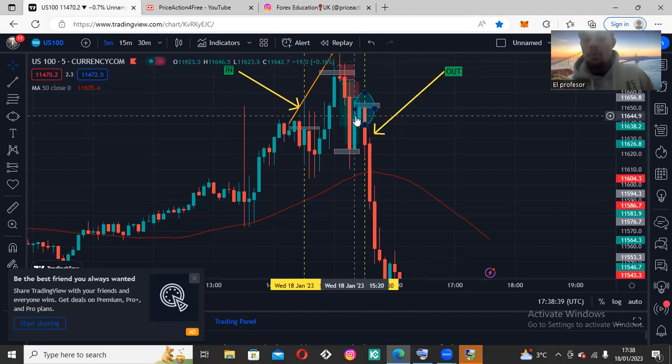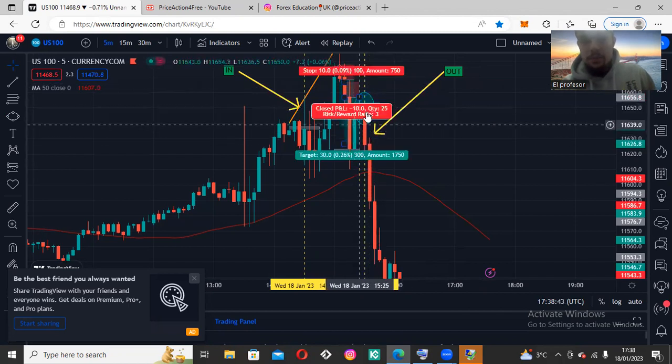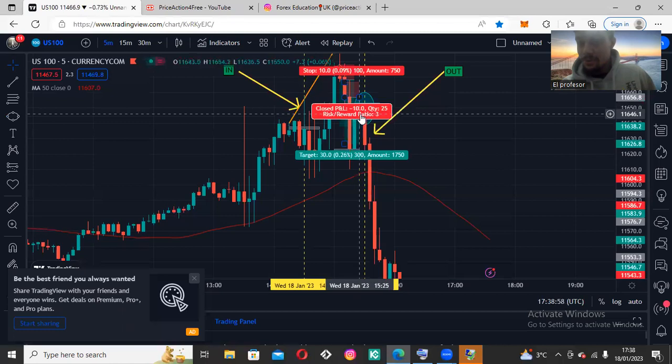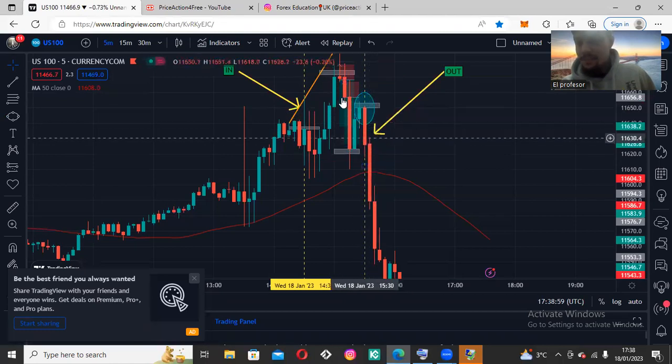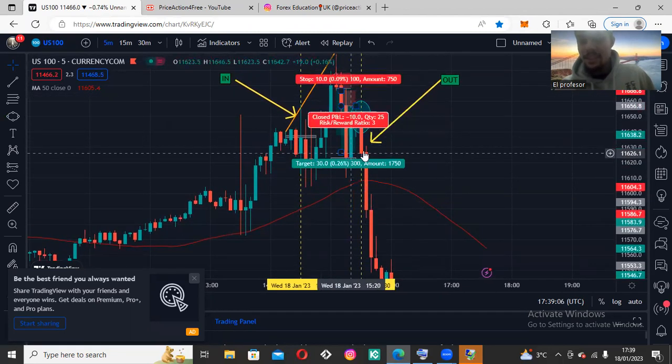So whenever you see a setup like this, just get ready for the next candle to just boom. And this is exactly what happened. So at this point, if I look at a setup like this, I will definitely take it.